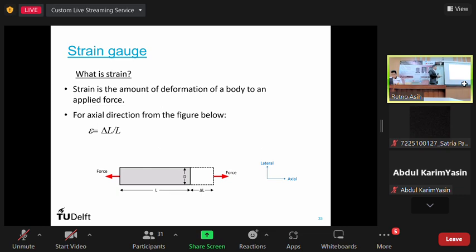It's important to measure the strain level in structures because if there's damage, the strain level in the structure may go up, more than what it has been designed for, and that can cause earlier failure.